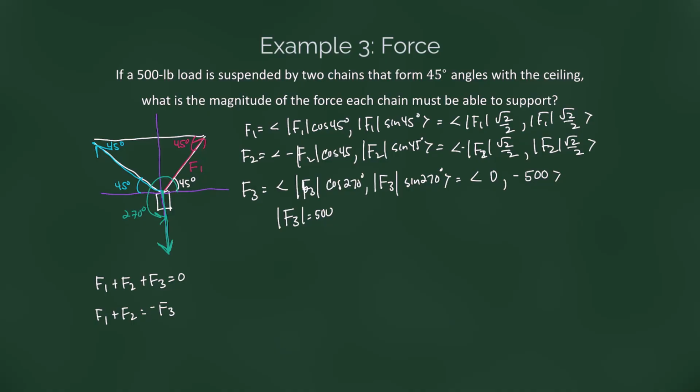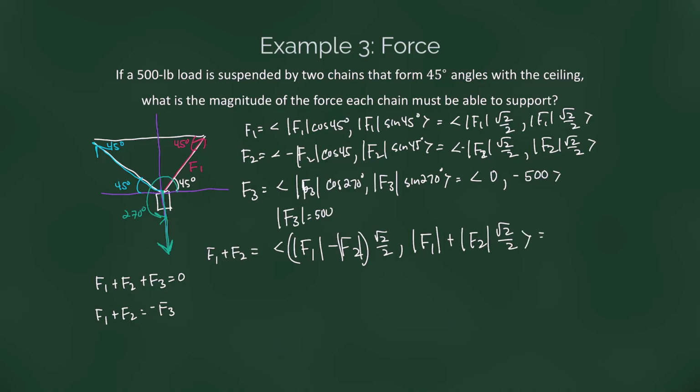Well, F1 plus F2 is going to be the vector: the magnitude of F1 minus the magnitude of F2 times root 2 over 2, and the magnitude of F1 plus the magnitude of F2 times root 2 over 2. And that is equal to the vector -F3, which is the vector 0, 500.